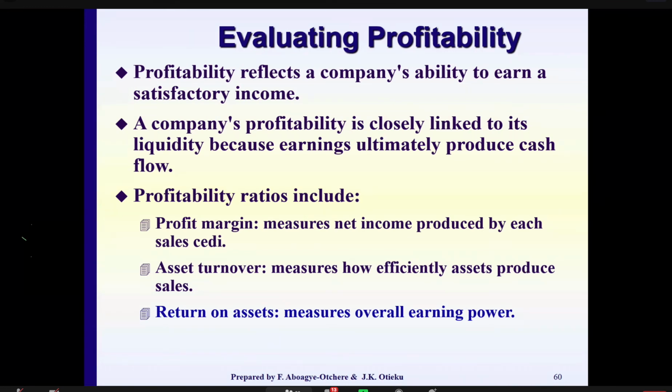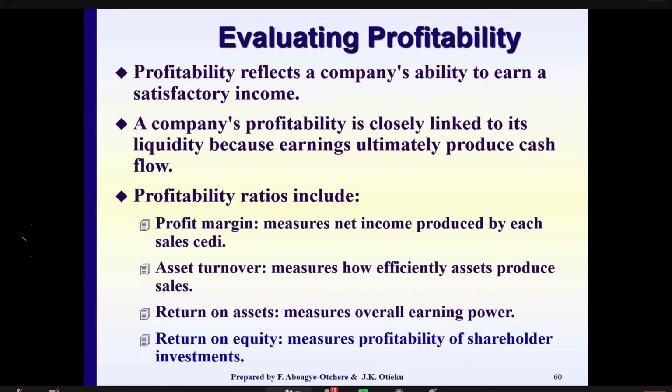And we have return on equity. Return on equity measures the relationship between owner's interest and profit. We are looking at the profit that is attributable to shareholders and shareholders' investment in the business. If there are two entities and one is returning a higher ROE, that one is more profitable than the other.